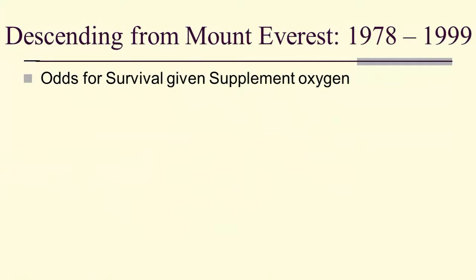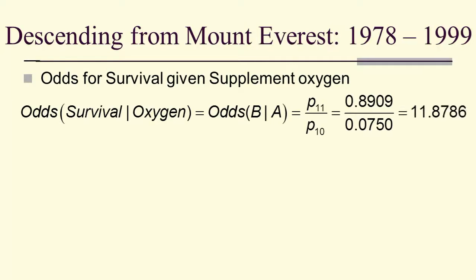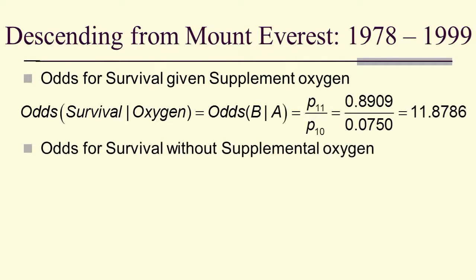So let's interpret this. The odds for survival given supplemental oxygen, that's the odds of B given A, is P11 over P10, which is 11.87. So you have an odds of about 12. In other words, you're about 12 times more likely to survive with oxygen.